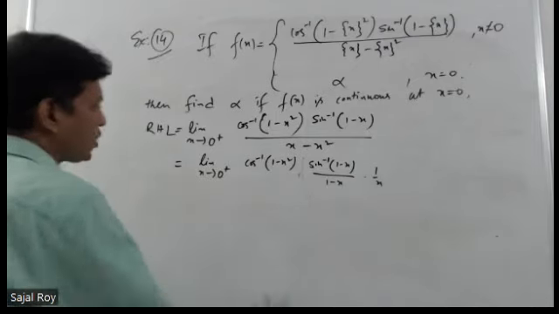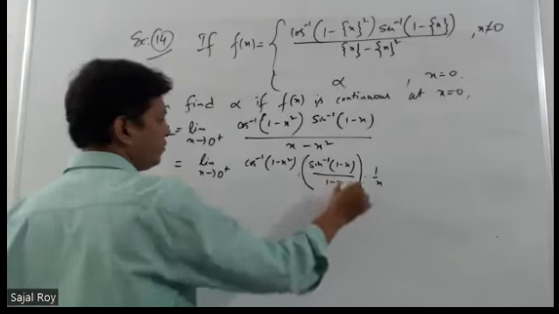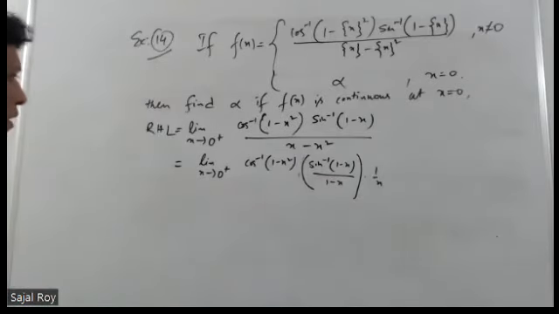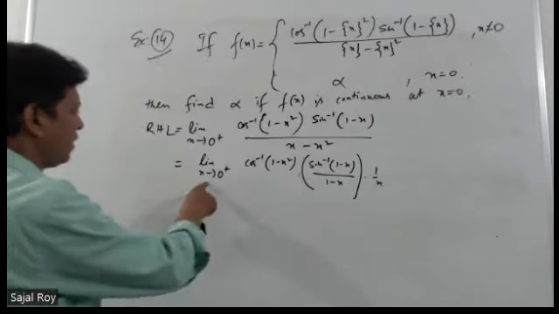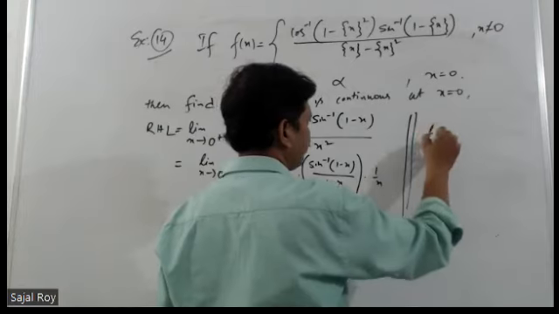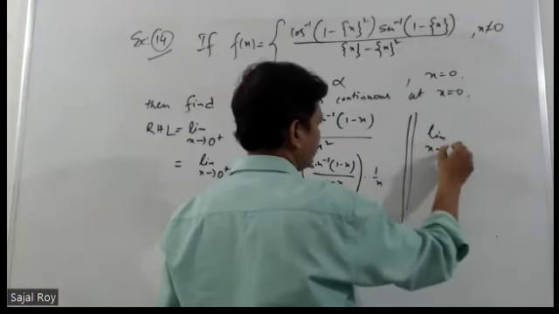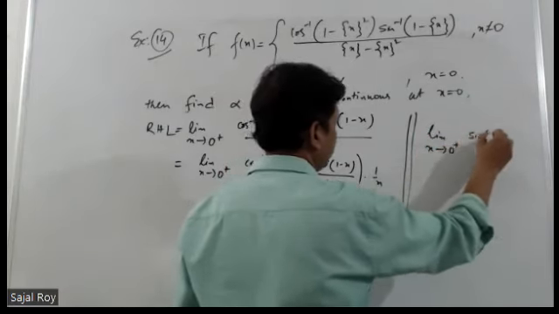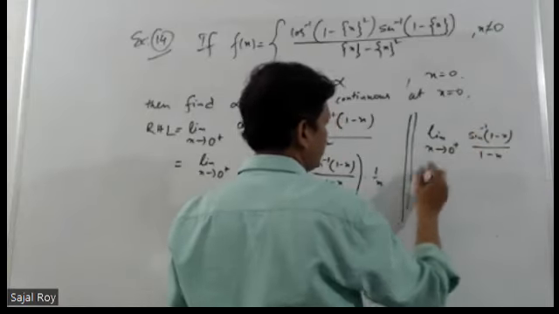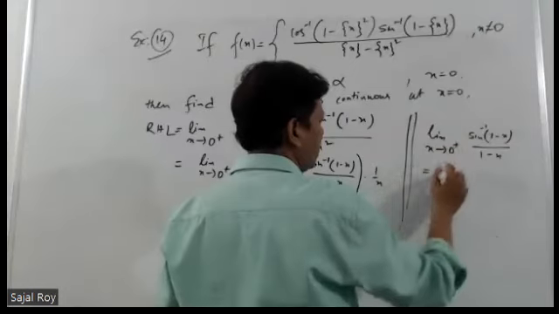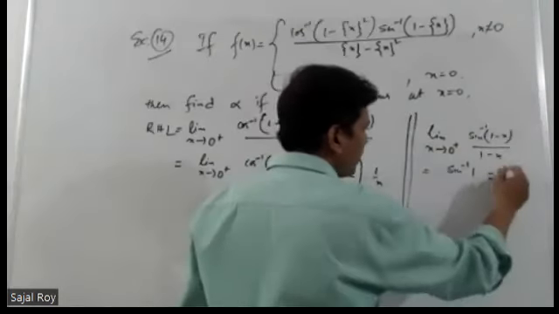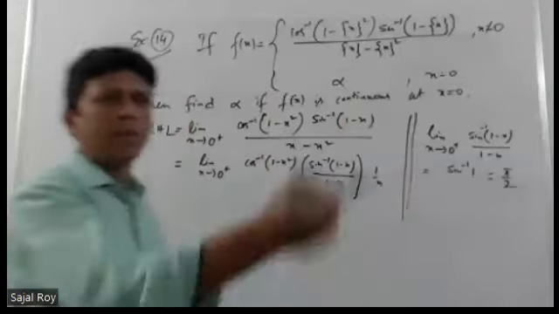Now this part is actually pi by 2, sorry. What about this limit? This is 0, sin inverse 1. Sin inverse 1 is pi by 2 because sin pi by 2 is 1.